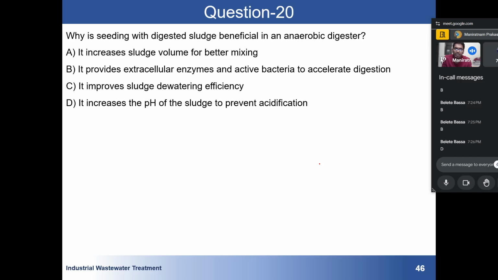Anyone with any other answer? So remember, in anaerobic digestion, suppose this much is initially the organic carbon. Remember, this axis represents organic carbon.